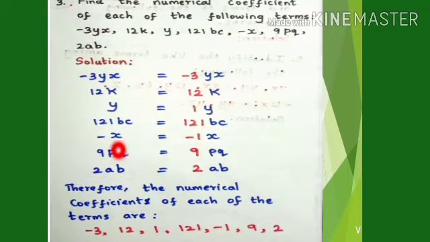And here minus x: if there is no number before the variable, it is considered as 1, so here a minus 1 sign is in front of the variable. So minus 1 is the numerical coefficient of this term. In the next term 9pq, 9 is the numerical coefficient. And in the last expression 2ab, the numerical value 2 is the numerical coefficient of this term.